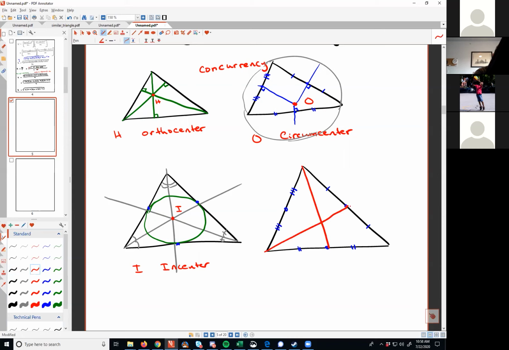The median connects a vertex with the opposite midpoint. Oh, I shouldn't have done this in red. I'll make this point right here. I'll make it G in black. G is the centroid.